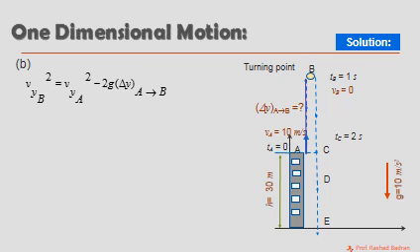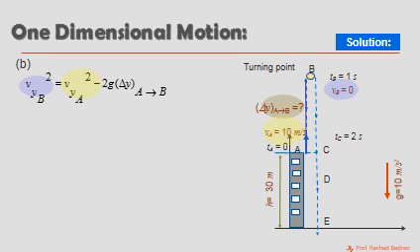So, knowing the initial velocity and final velocity, to obtain delta y we use this equation and put the available values into it: initial velocity of 10 and final velocity of 0.